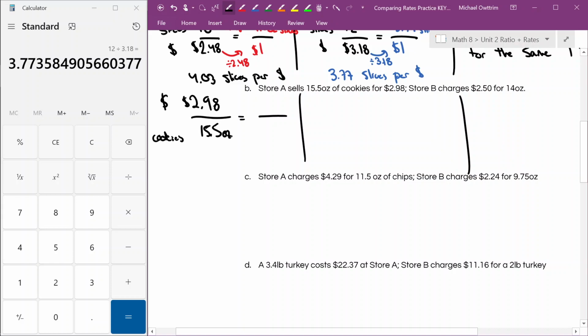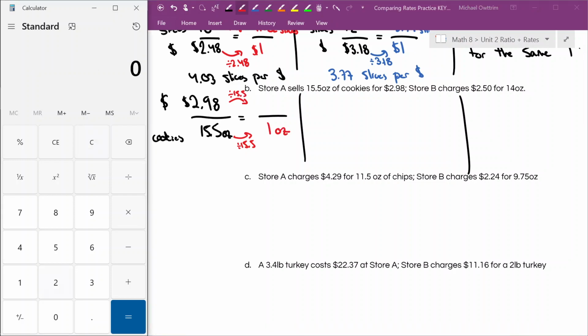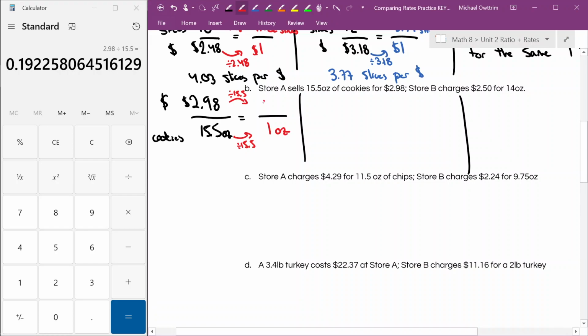And so we'll want to get a 1 on the bottom there. So we'll divide by the number on the bottom. We'll get our 1 ounce on the bottom, and we'll do our 2.98 divided by 15.5, 0.19225 dollars per ounce.